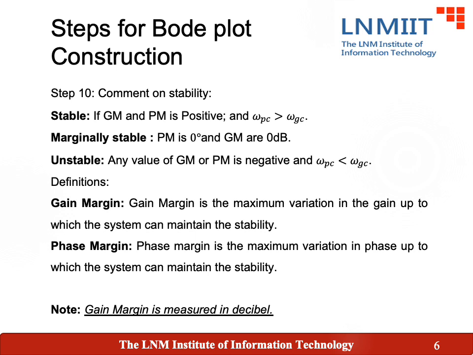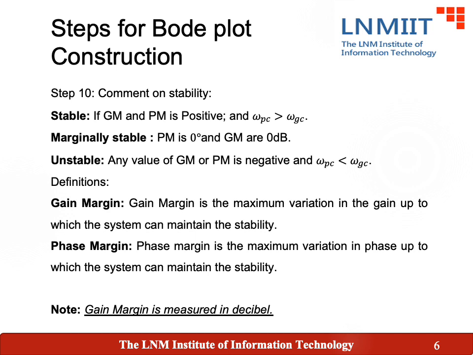So what is the basic definition of a gain margin? The gain margin provides you the information of the relative stability of your system. It tells you that this much variation in the gain can be allowed before the system becomes unstable. After this particular value of variation, the system will become unstable. So a gain margin of 2 dB means the system will become unstable after a variation of 2 decibels.